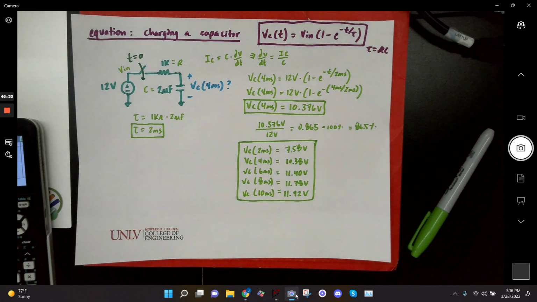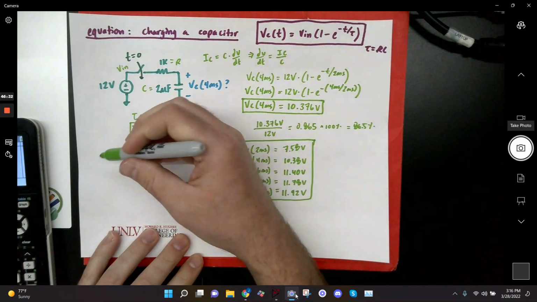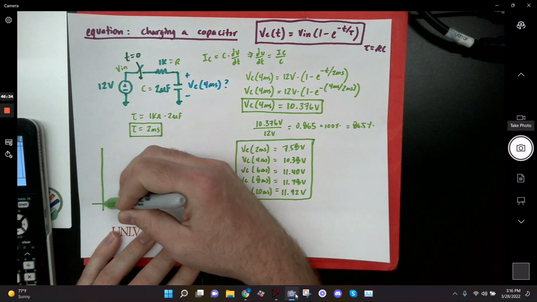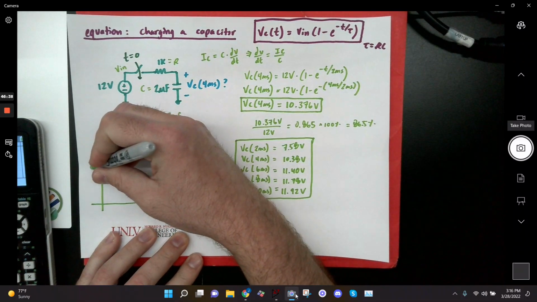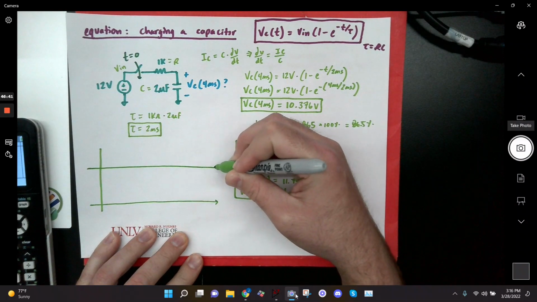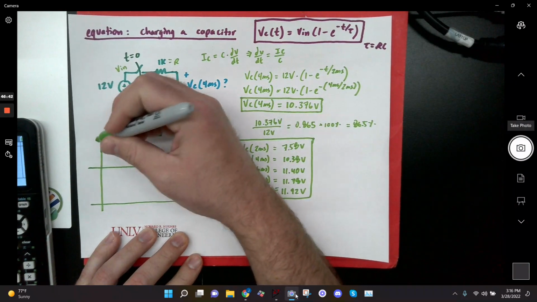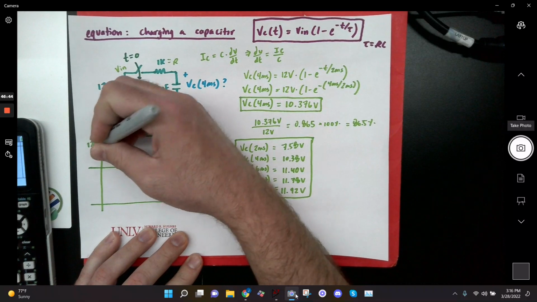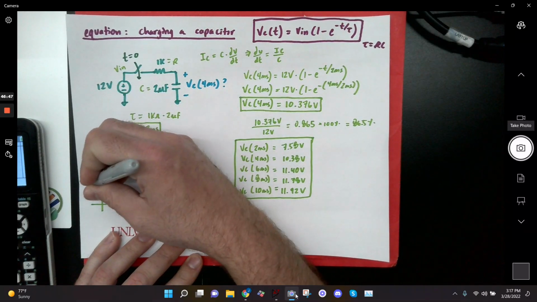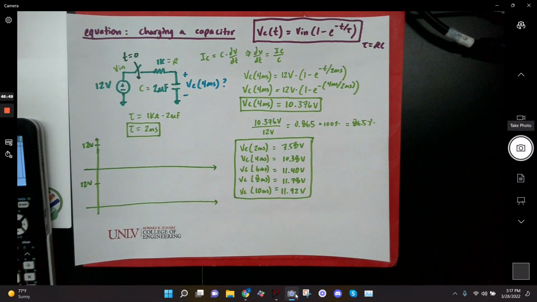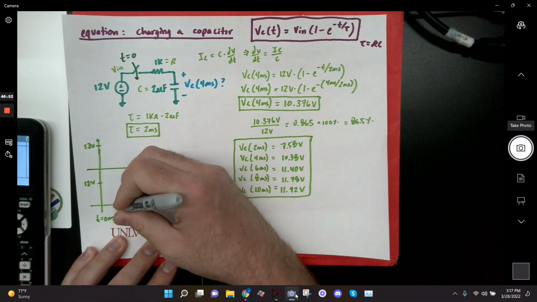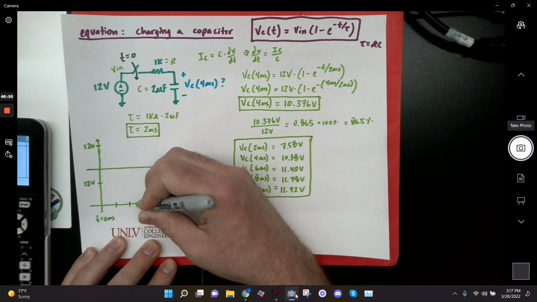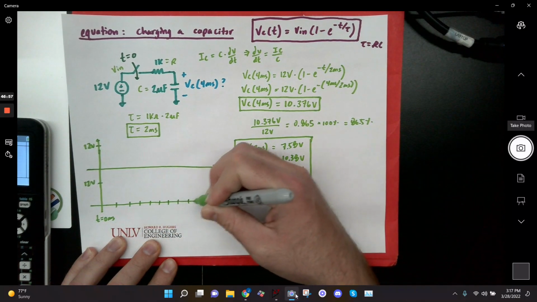So if I go back here, what I can do now is, all right, let's just put 2 plots here. So let's put that at 12 volts, and let's put this at 12 volts. And then this is t equals 0. And then let's go 1, 2, 3, 4, 5, 6, 7, 8, 9, 10.